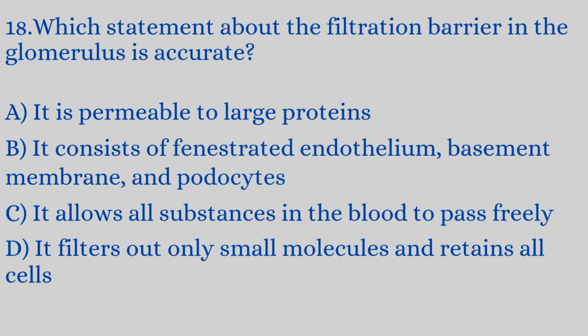18. Which statement about the filtration barrier in the glomerulus is accurate? A. It is permeable to large proteins. B. It consists of fenestrated endothelium, basement membrane, and podocytes. C. It allows all substances in the blood to pass freely.